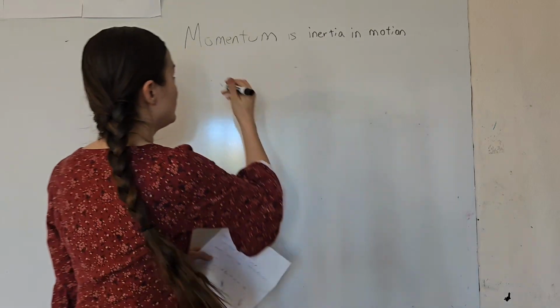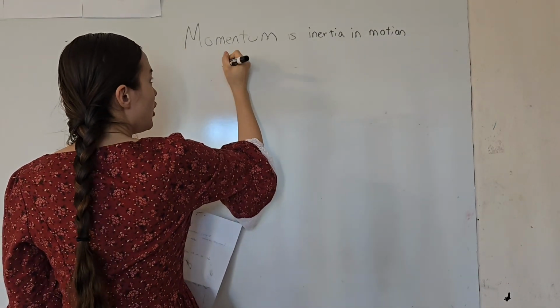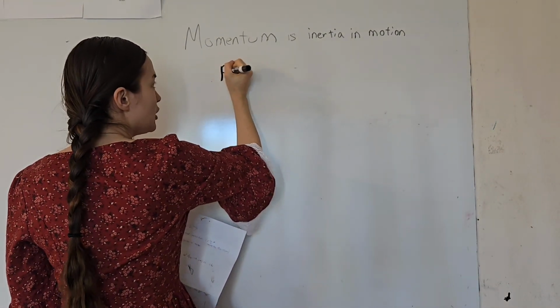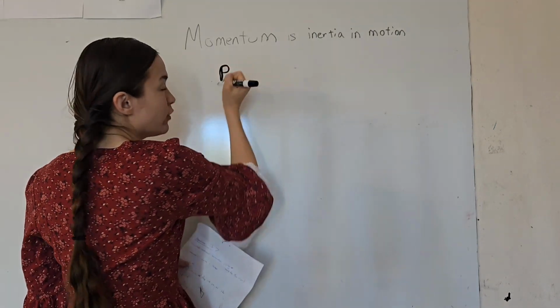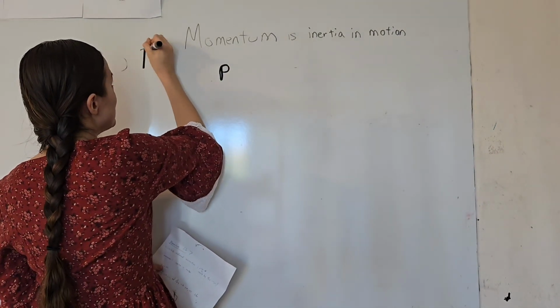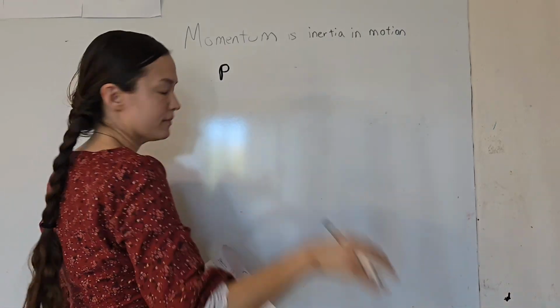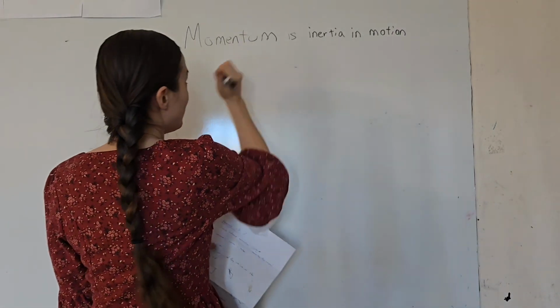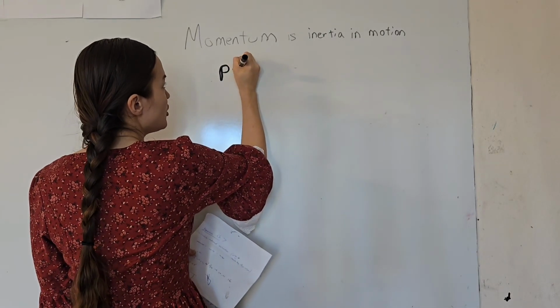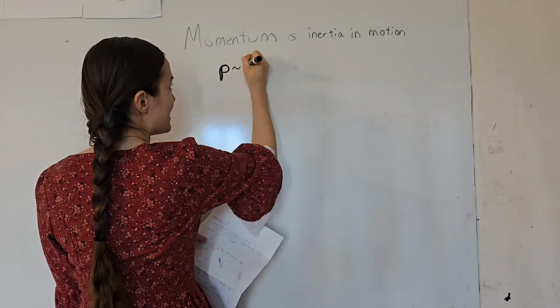So we know, just intuitively, that momentum, and all physicists use a lowercase p for momentum. Pressure, we like to use a capital P, so don't mix them up. This lesson is not on pressure, this lesson is on momentum. So lowercase p, momentum is proportional to mass.